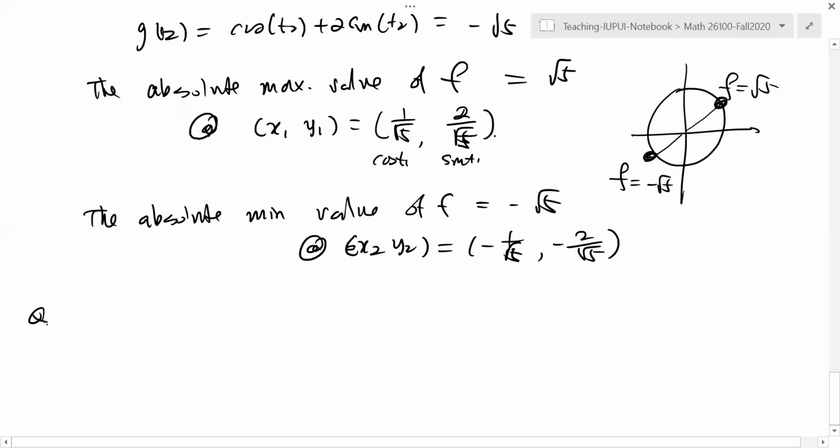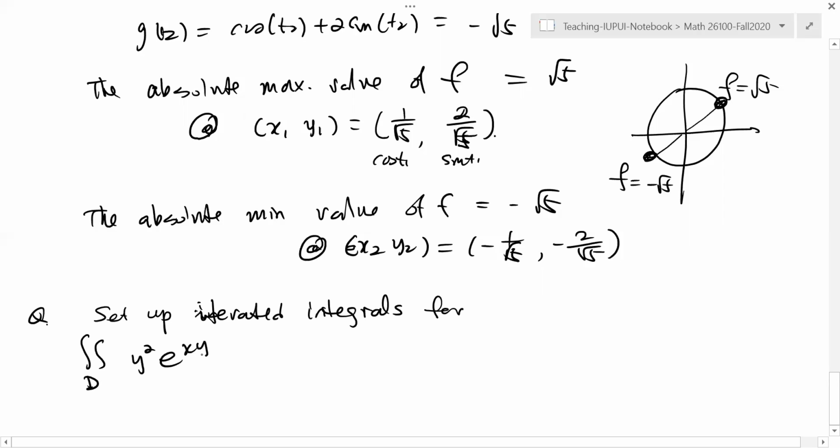Set up iterative integrals for this double integral. It's y squared e to the xy dA.